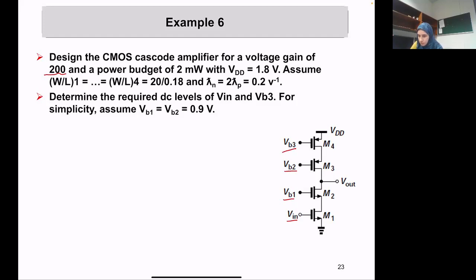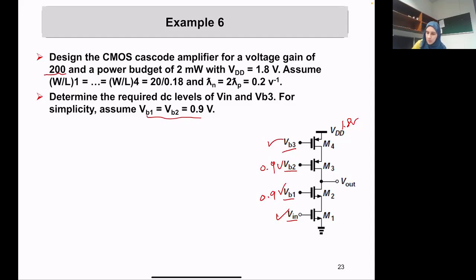Sorry, no, we are given VB1 and VB2. This is 0.9 volt given. Supply is 1.8 volt. Okay, so this is the first thing. We know how to start from here.